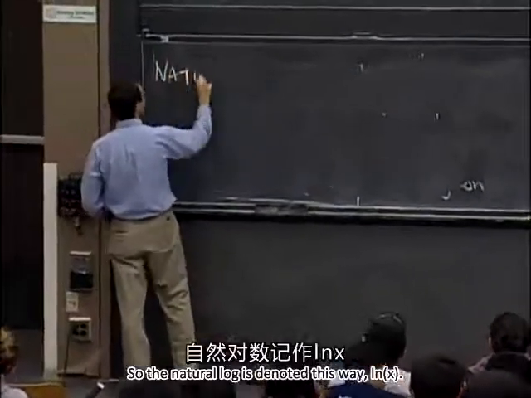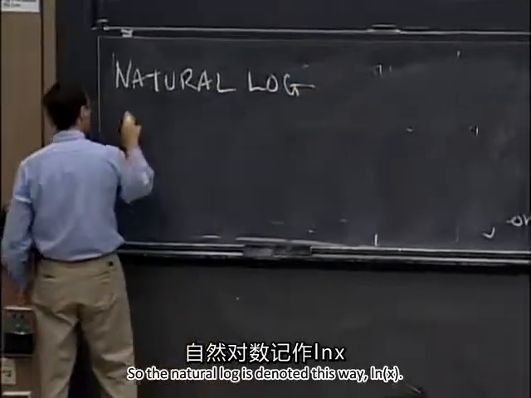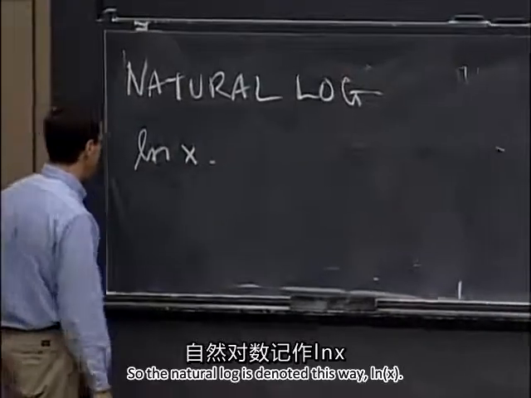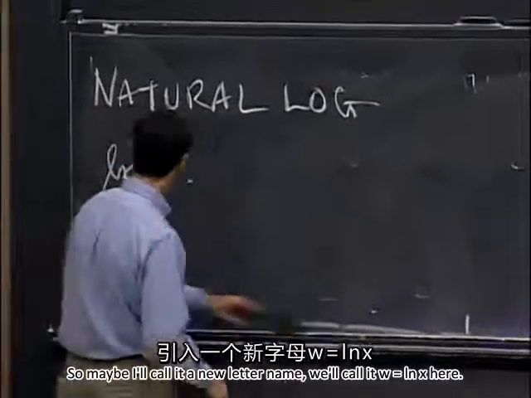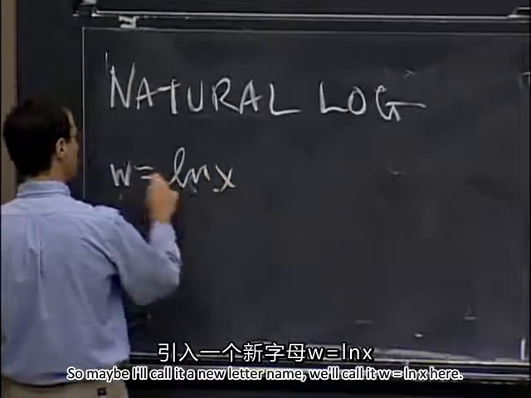So the natural log is denoted this way, ln of x. So maybe I'll call it a new letter name. We'll call it w is equal to log x here.